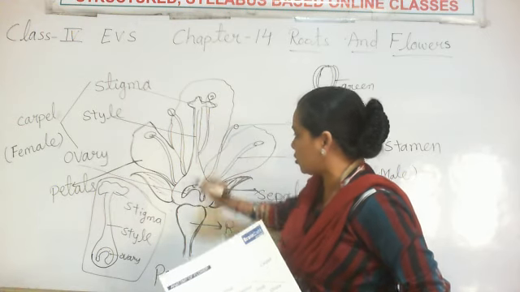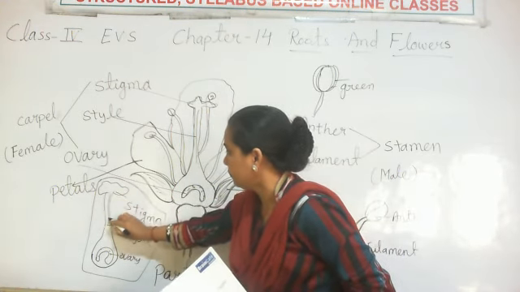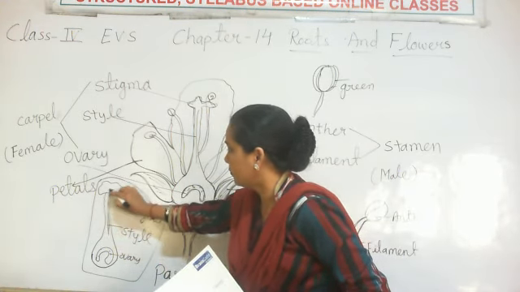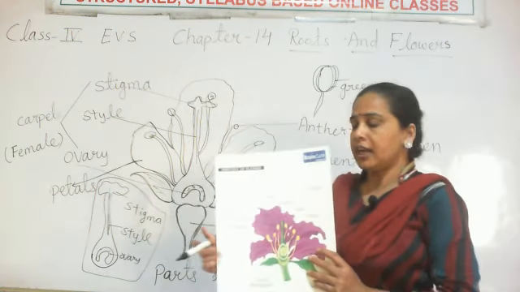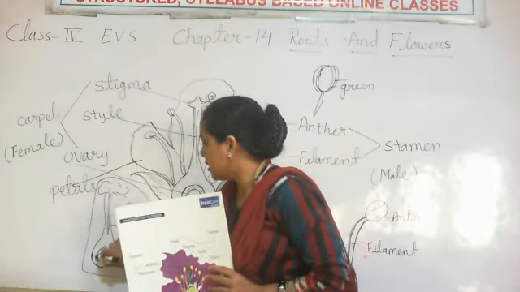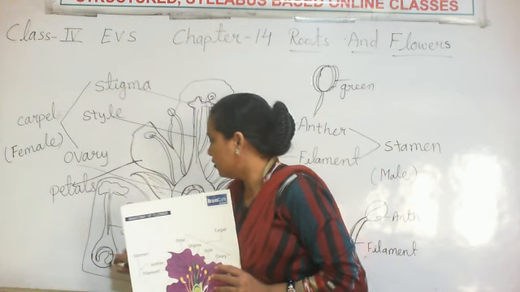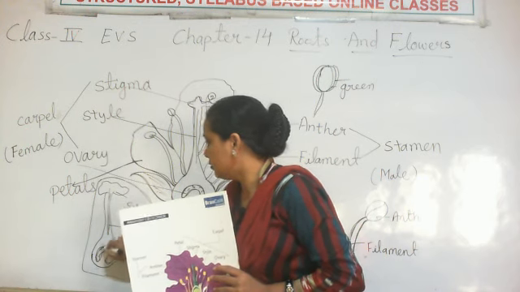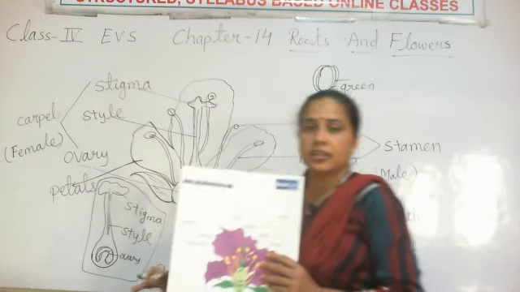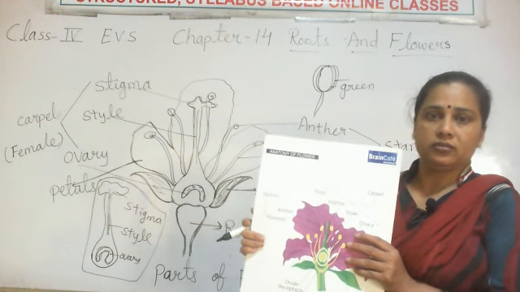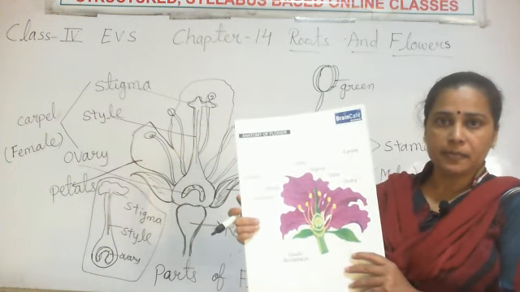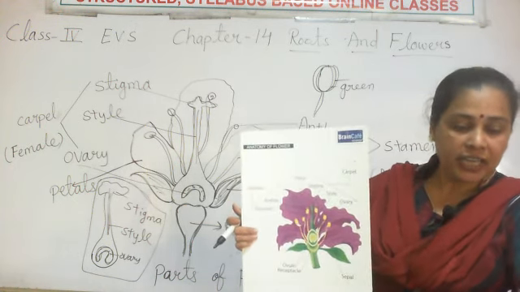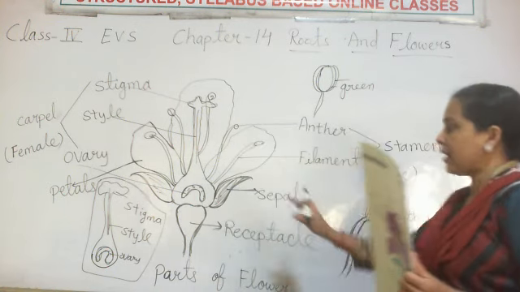Style is this tube-like structure. And after that, what you see? This is ovary. And we found here eggs are ovules. Clear? This thing is given, the same thing is given to you in this paragraph that I am explaining.